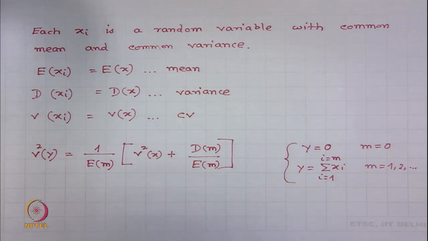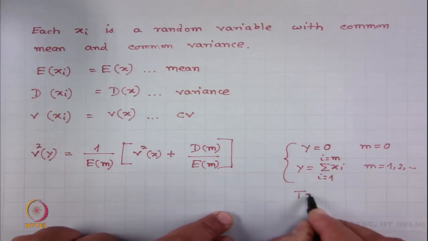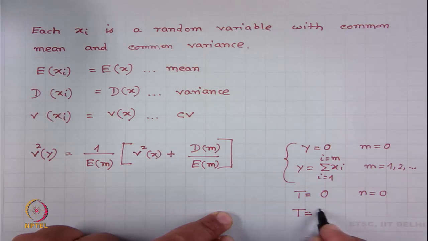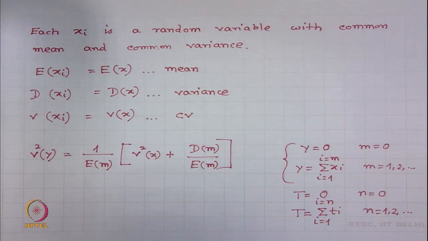Now, we compare this with our expression of fineness: 0 when n is equal to 0 and capital T is equal to the summation of T i when i is 1 to n, n equal to 1, 2 and so on, right.